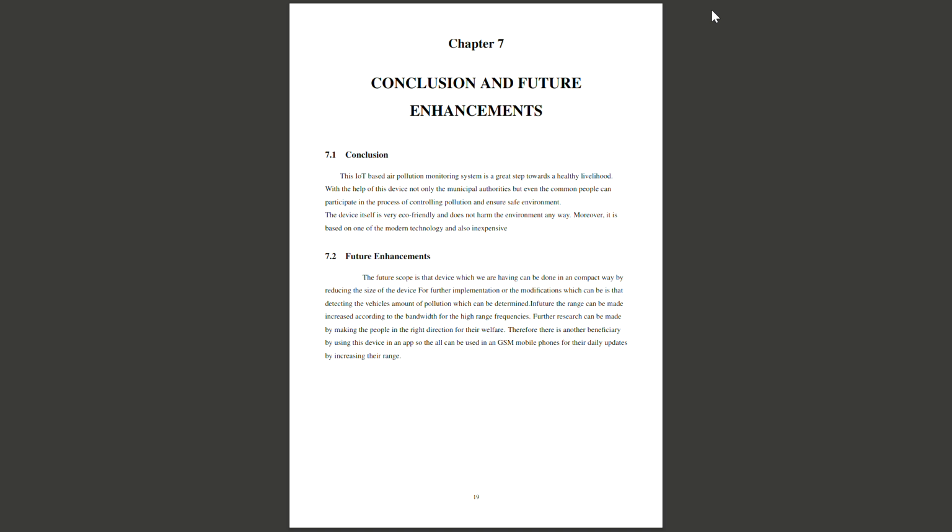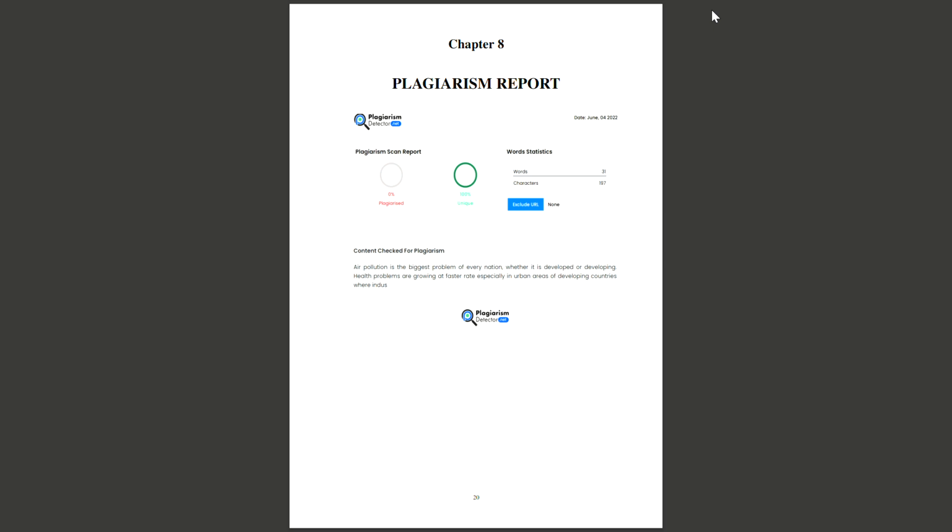The future enhancements: the future scope is that the device can be made compact by reducing its size for further implementation or modification, and detecting the amount of pollution from vehicles can be determined. In future, the range can be increased according to the bandwidth for high range frequencies. And this is the plagiarism report.